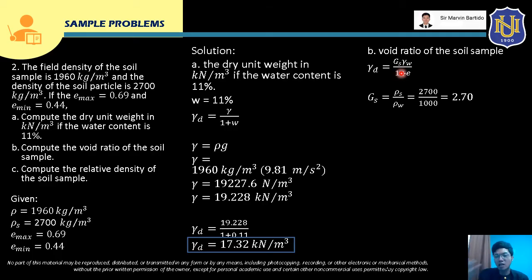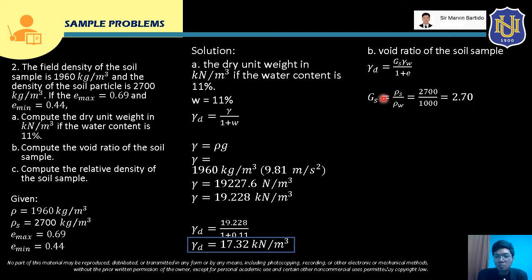So isolve natin, class, yung specific gravity. So yung specific gravity, this is the density nung soil solid natin over density ng water. Okay, so yung density ng soil solid, 2,700 kg per meter cube. And then yung density ng water, di ba constant na yun? Na yun ay 1,000 kg per meter cube. Okay, so 2,700 divided by 1,000.